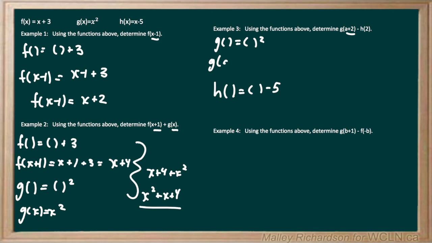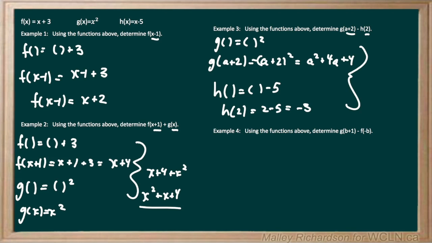So we have g of a plus 2 equals a plus 2 all squared. And this a plus 2 all squared can expand out to be a squared plus 4a plus 4. And this h of x function wants us to replace it with a new variable of 2. So we have h of 2 equals 2 minus 5, which equals negative 3.